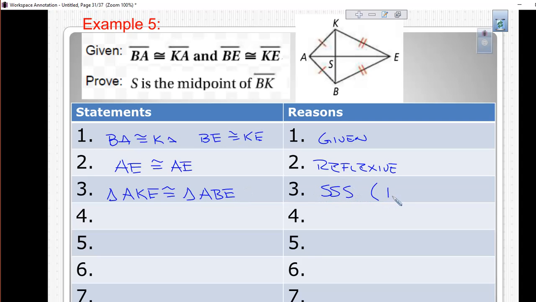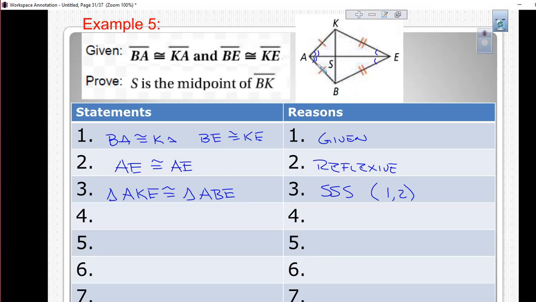That would be through statements 1 and 2, since we combined one of our statements. Now, since this triangle is congruent, we know the following. We can say that angle E is congruent to angle E. This angle right here, BES and KES, are congruent. We would also know that BAE is congruent to KAE.